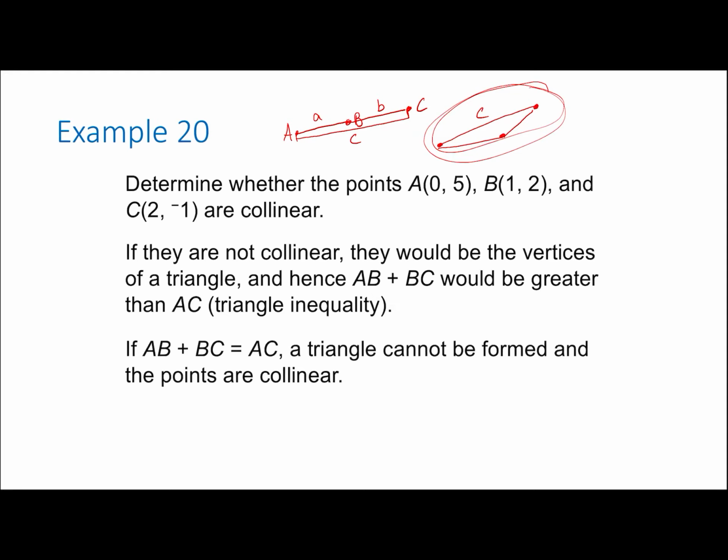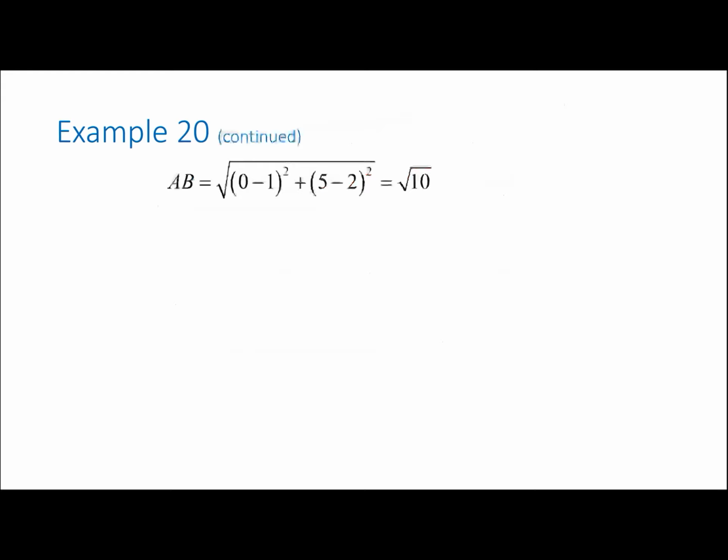But if the distance from A to B plus the distance from B to C is equal to the distance from A to C, then a triangle can't be formed, and so the points must be on a line, must be collinear. So that's what we're trying to show, okay?